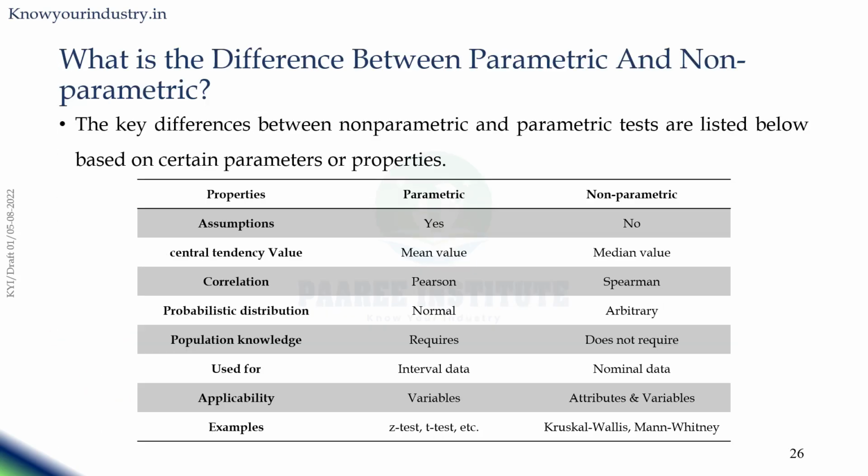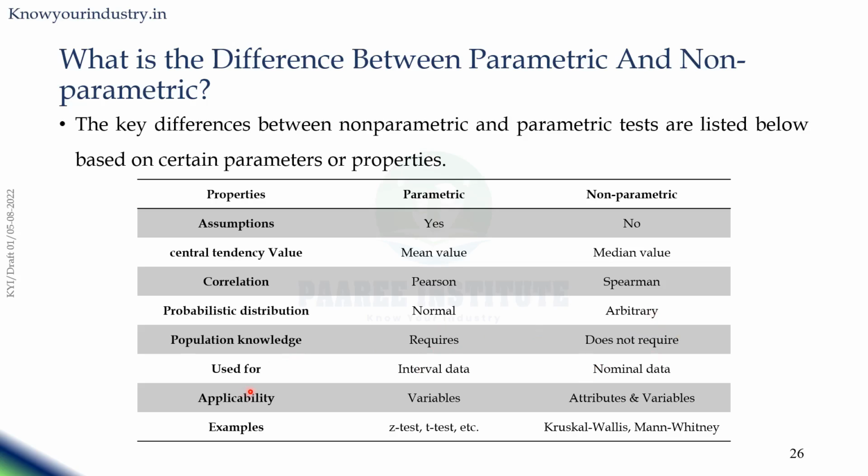This slide talks about the difference between the parametric and non-parametric analysis. The key differences are the assumptions. We have assumptions about the data in parametric, but we don't have any assumption in non-parametric. The central tendency value is around the mean value in parametric, but it is the median value in non-parametric. The correlation in parametric is Pearson, in case of non-parametric it is Spearman. The population knowledge which is required for the parametric analysis is not required for the non-parametric analysis.